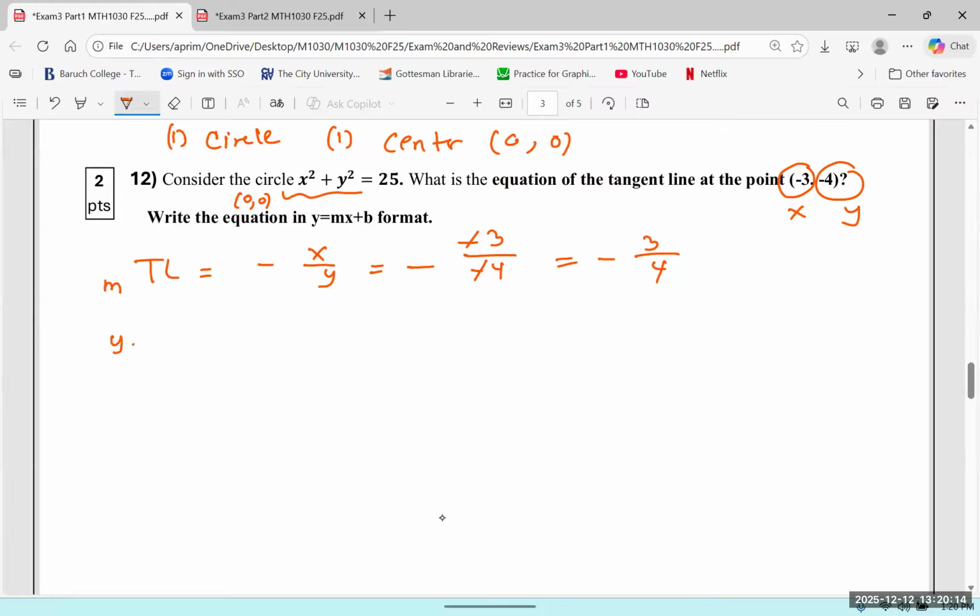Now, the y-intercept of the tangent line, which is the b, this b is your r squared over y. So this is our r squared, 25, and our y is -4.